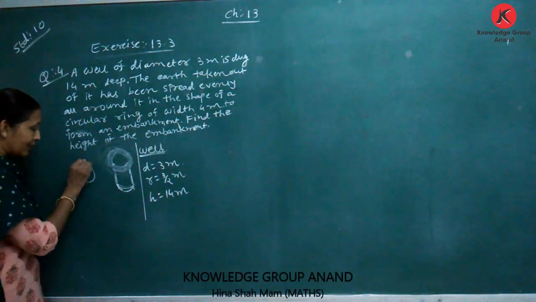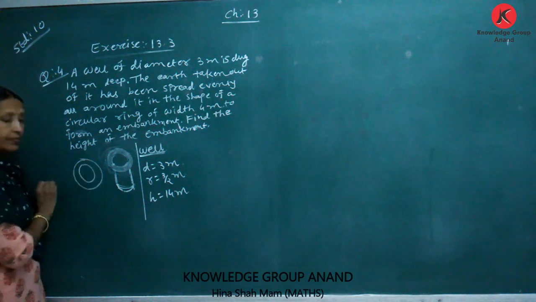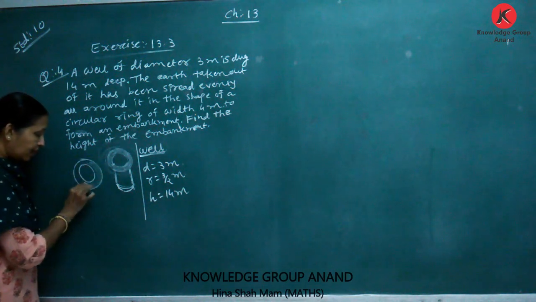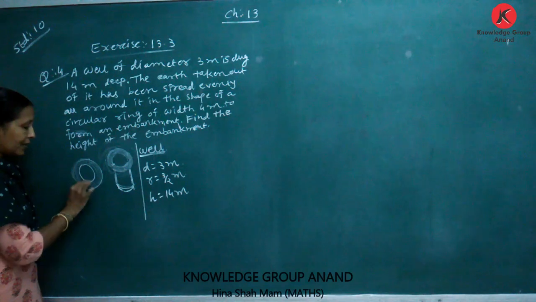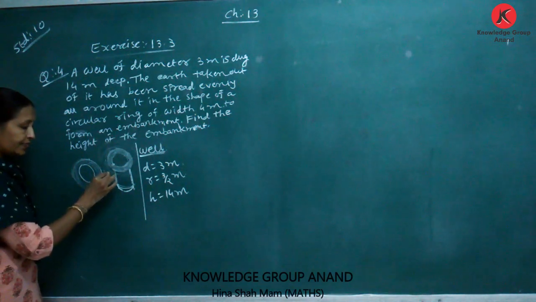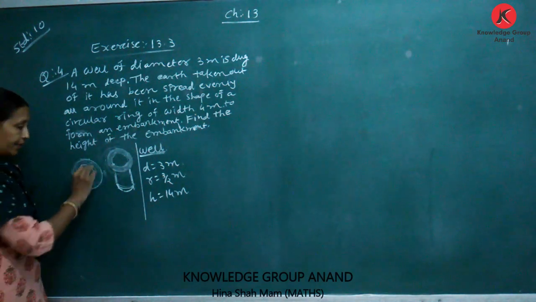The embankment is a shape like this. We spread it here and it is 3-dimensional. The height is here. Therefore, we find the height.